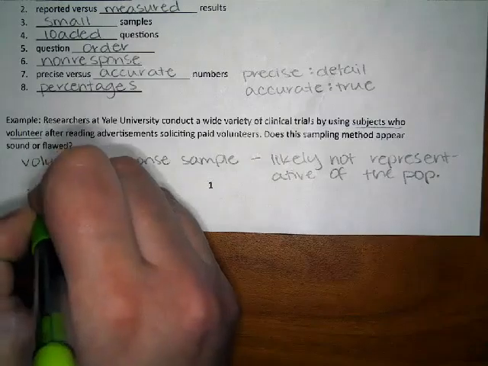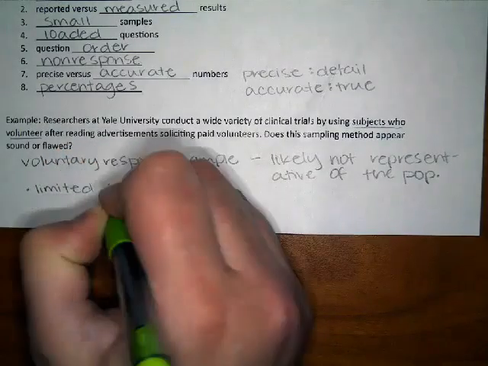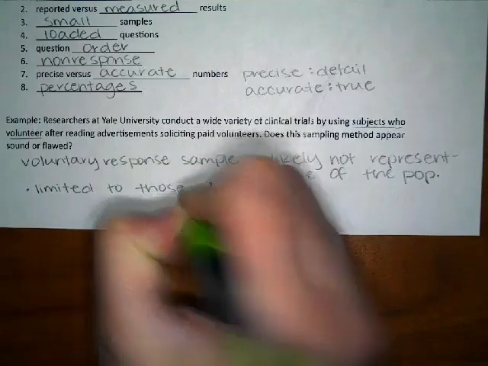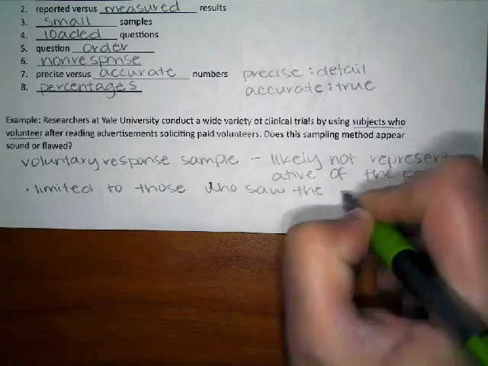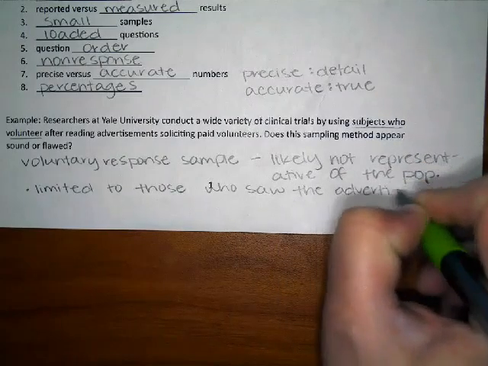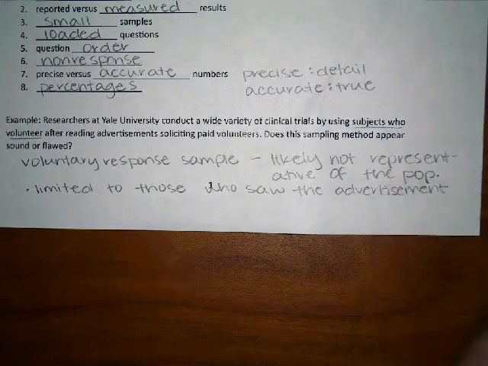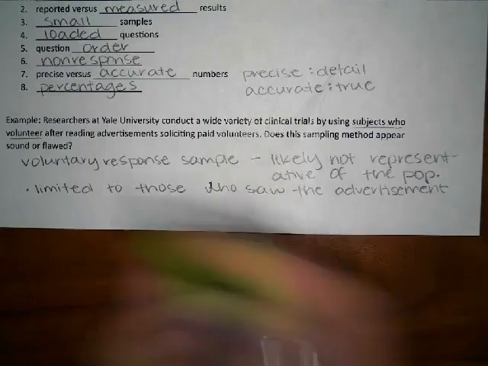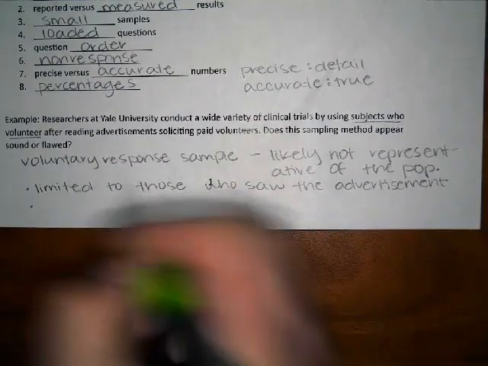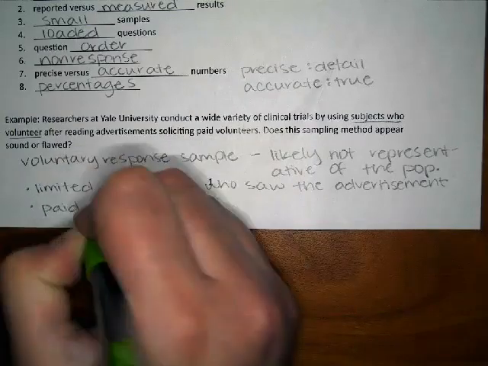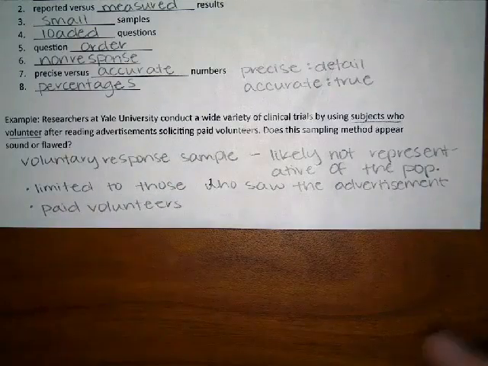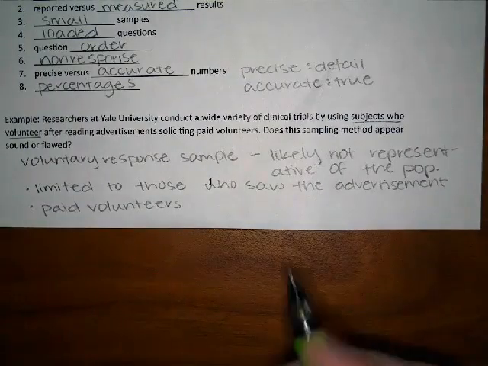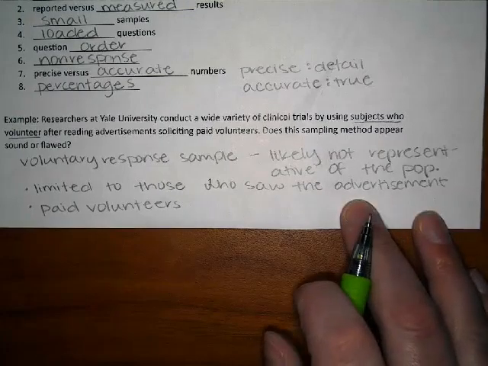So they are limited to those who saw the advertisement, and then also they have paid volunteers, and the pay adds incentive. And so you get a little bit more than if somebody just volunteered, but it's still not going to be an accurate representation of the population.